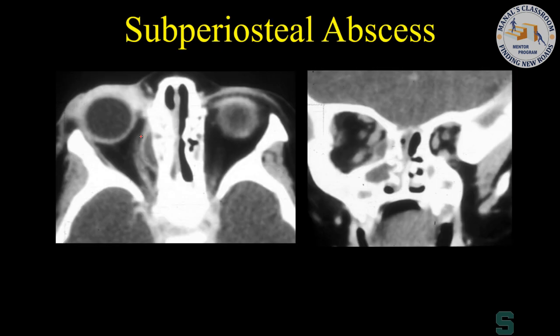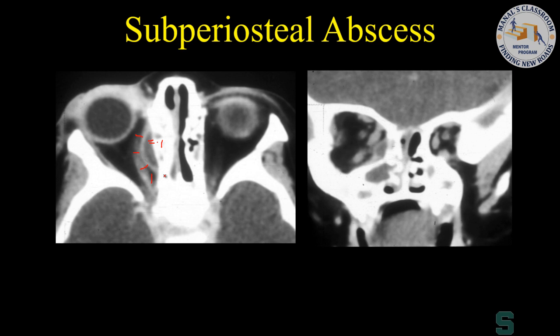The next thing that we'll talk about is the subperiosteal abscess. This is an example of a subperiosteal abscess. When we look at the spectrum of disease, we have preseptal cellulitis, postseptal cellulitis, and now subperiosteal abscess. Subperiosteal abscess is felt to be due to an infection involving the adjacent ethmoid sinus, and there are small draining emissary veins that communicate between the ethmoid sinus and the periosteal bone of the medial aspect of the orbit.